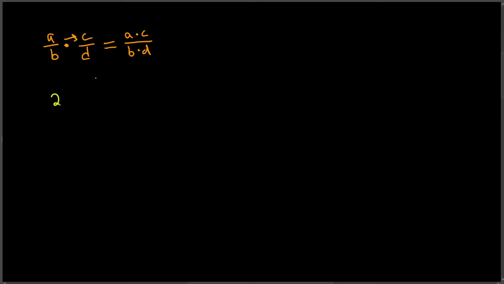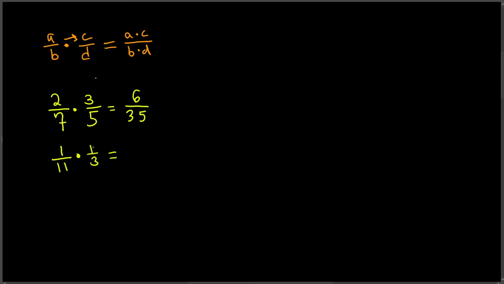So if I have 2/7 and I multiply it by 3/5, the top multiplies, and that gives me 6. And the bottom multiplies, which gives me 35. I have 1/11 times 1/3.